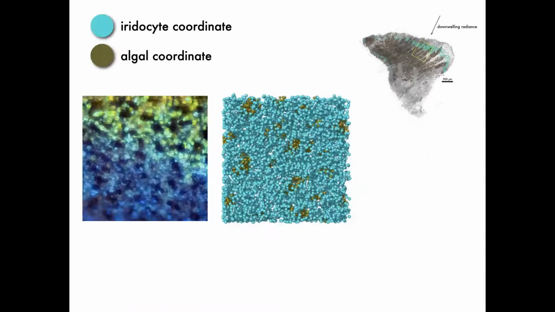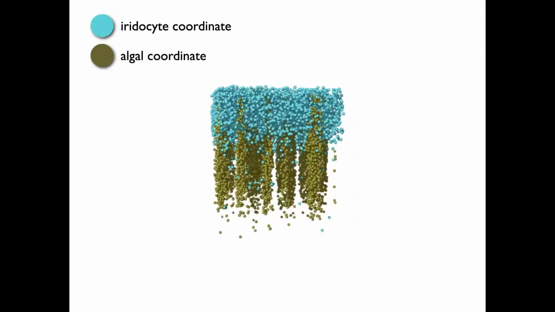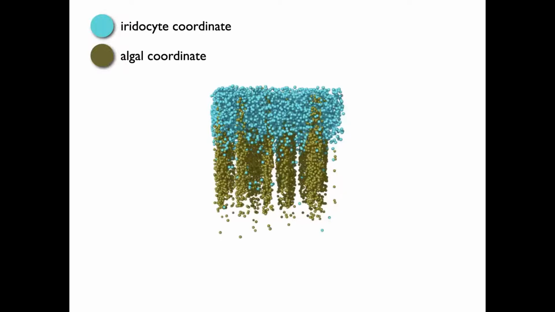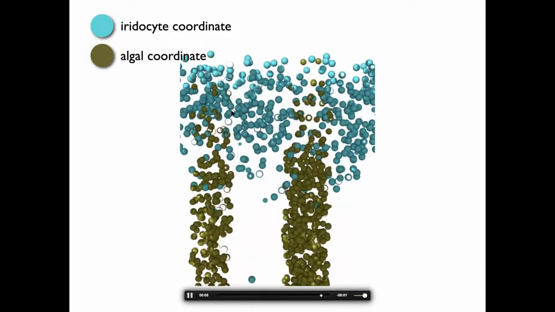Okay, so what's really going on in the structure of the clam is that if you take the iridocytes off the surface and look inside, the clam has organized its algae into pillars. So the algae live in these vertical micropillars with the iridocytes over the top.